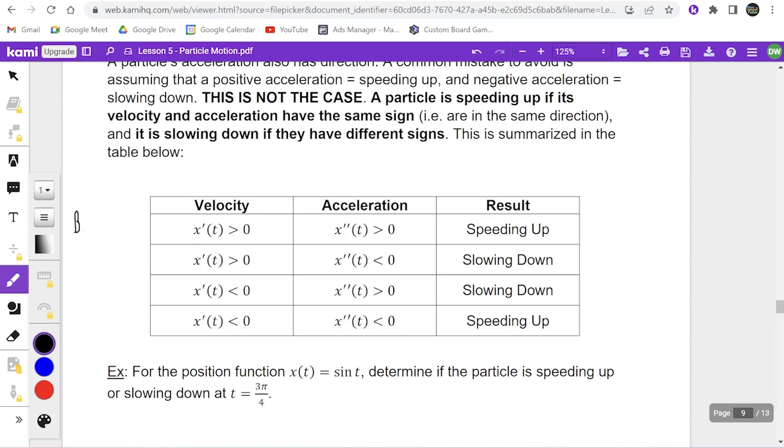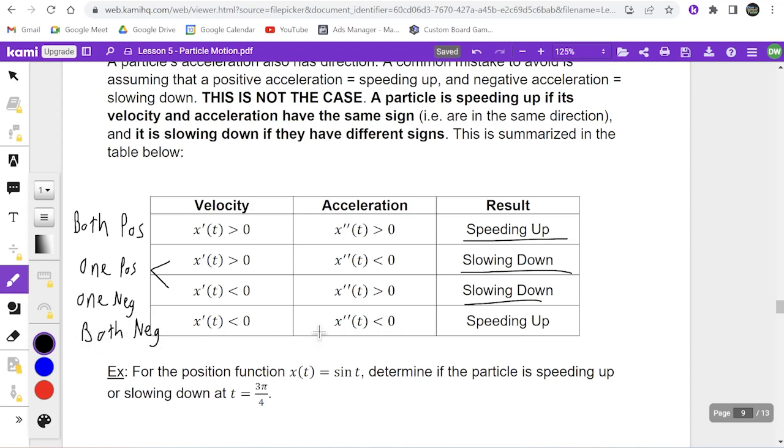If both are positive, which is what the first scenario is, it's speeding up. If one is positive and one is negative, which is both of these cases right here, that's when it's slowing down. And then the fourth case is again, well, not both positive, but they're both negative. If that happens, you're speeding up again.